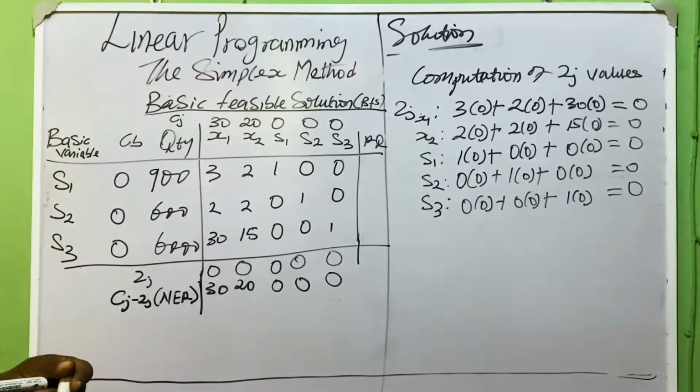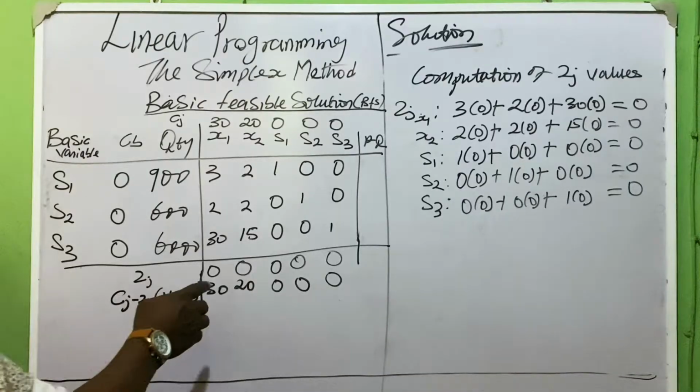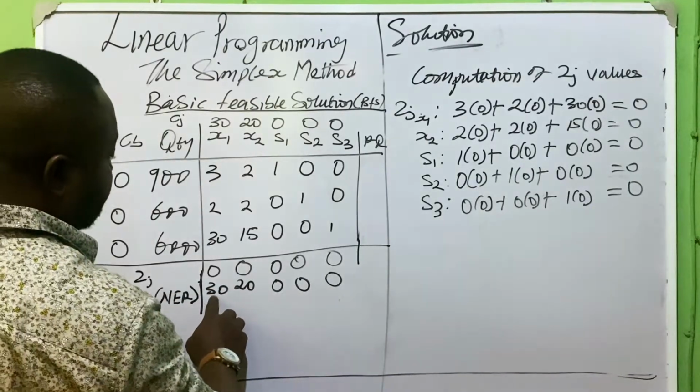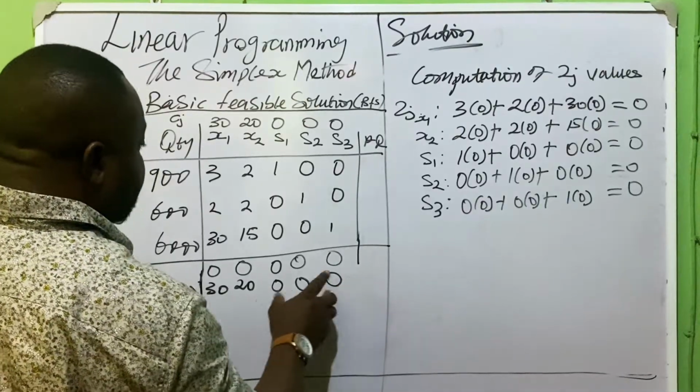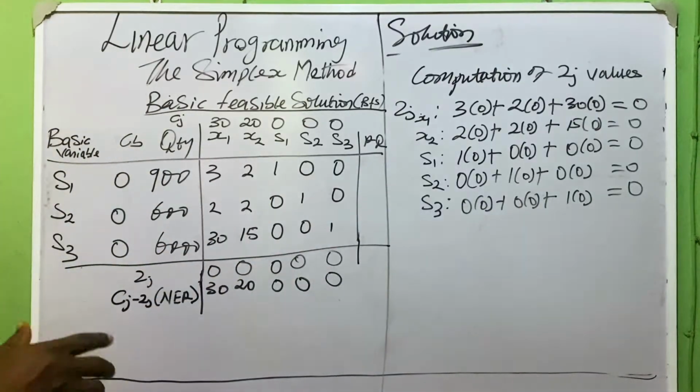What it simply means is that if you have positive values here, they still have the potential of improving on your profits.